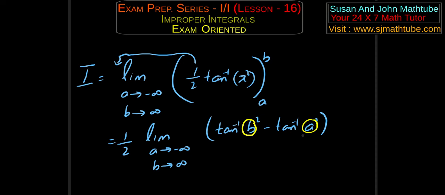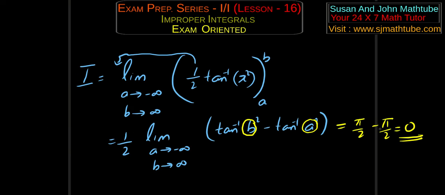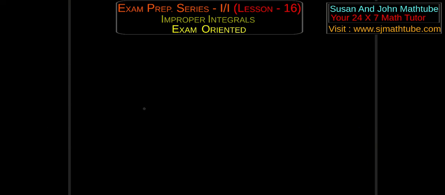And I hope you remember tan inverse infinity is 90 degree, and 90 minus 90 gives us 0. So we have our conclusion. The given integral is convergent. So what happens to the given integral? It is convergent, and it converges to 0. So let's move on to the next problem.